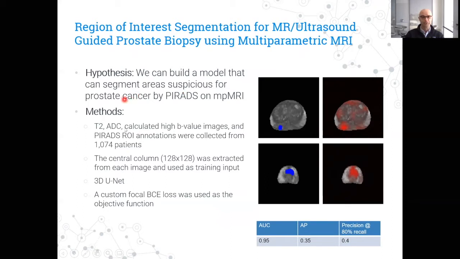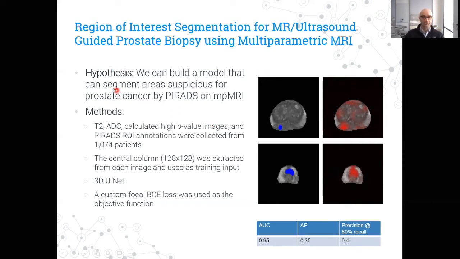So here our methods included using the T2, ADC, calculated high BVAL images and our PIRADS ROI annotations from around 1,000 patients. Each patient had the MR data, had the contour, and each contour had a PIRAD score that we used as the target for training the model.